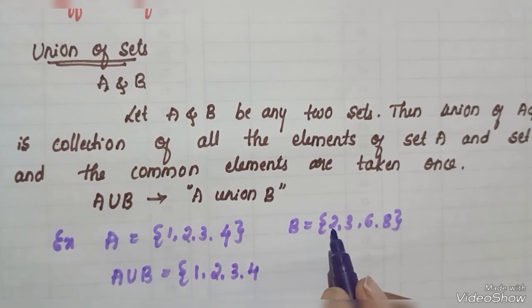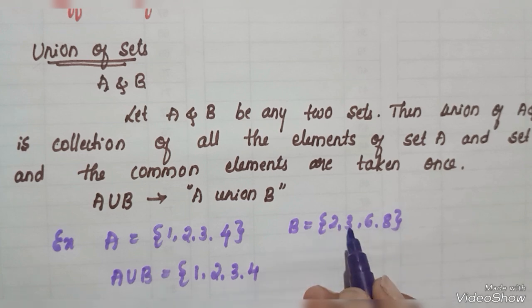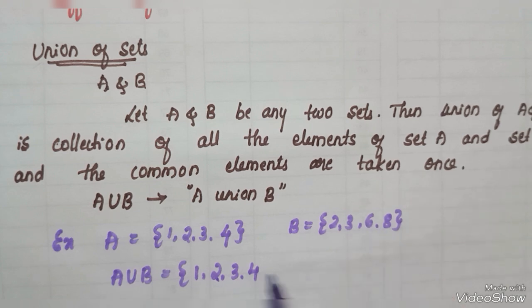Then the elements of B: 2 and 3 are already written, so don't write them again. The remaining elements are 6, 8. So A union B is 1, 2, 3, 4, 6, 8.